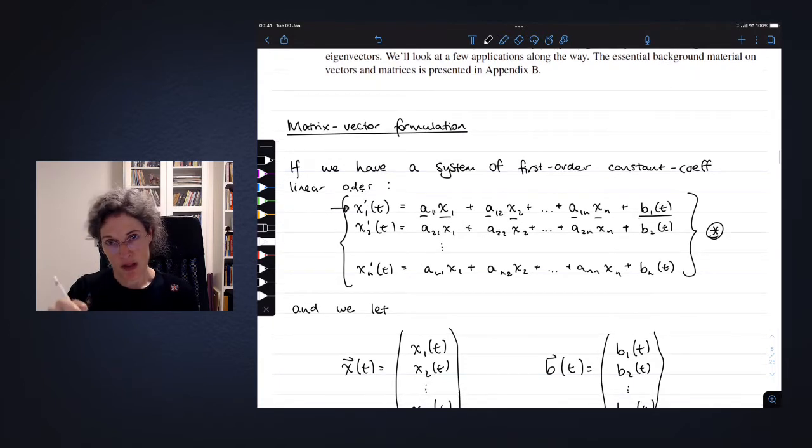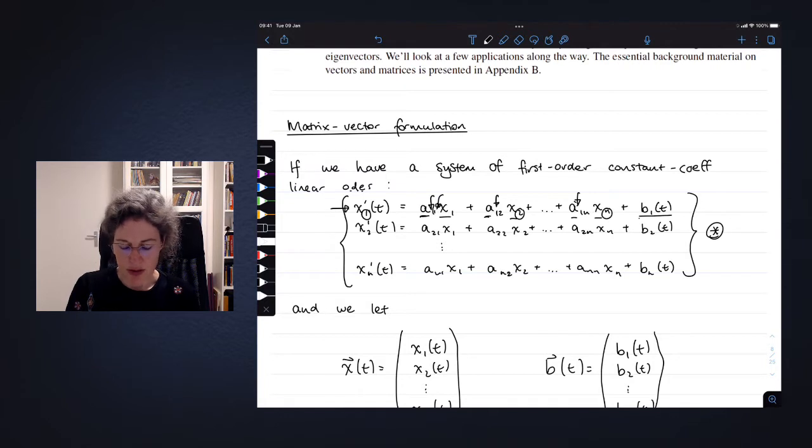So I've got n of these equations, and I've cunningly labeled each of the coefficients. So you'll notice that the first index refers to whichever equation we're dealing with. The second one refers to whichever variable we're dealing with.